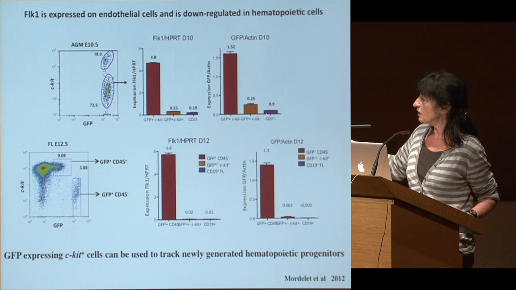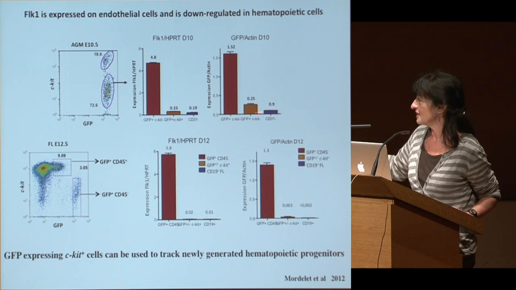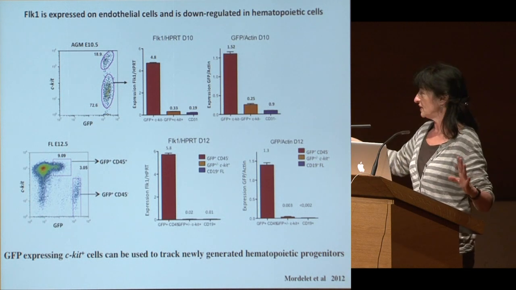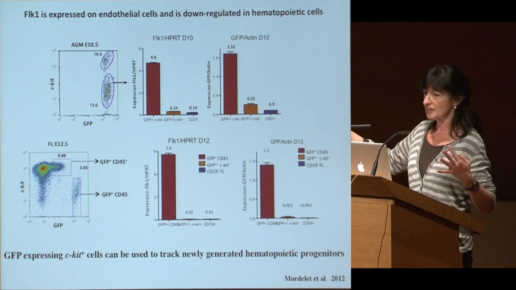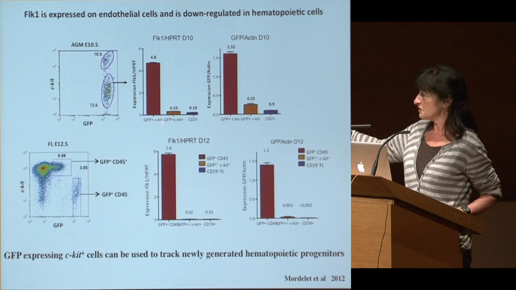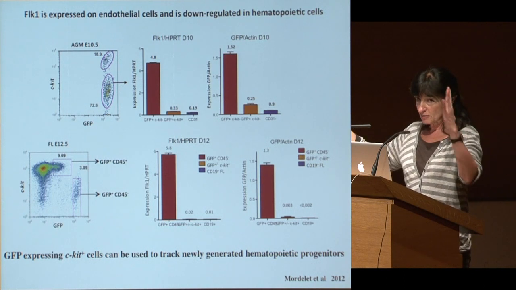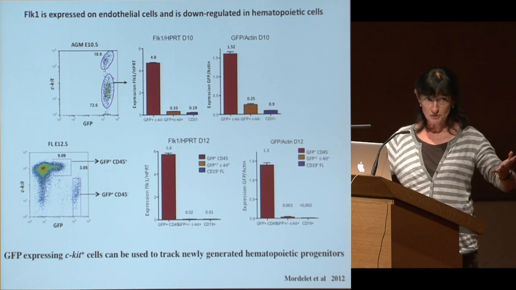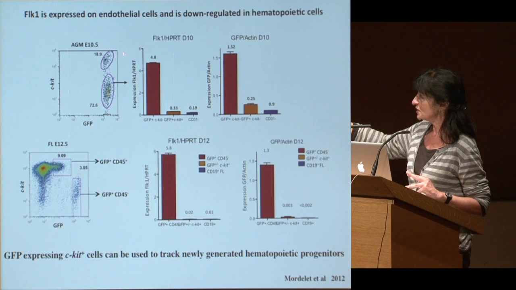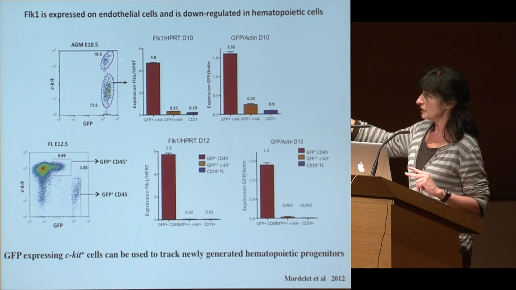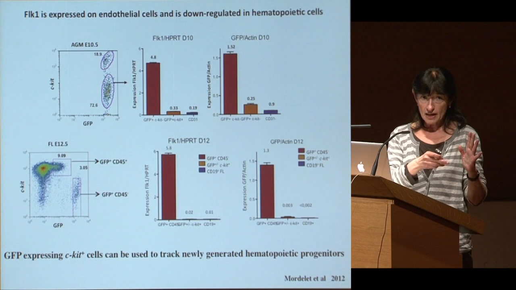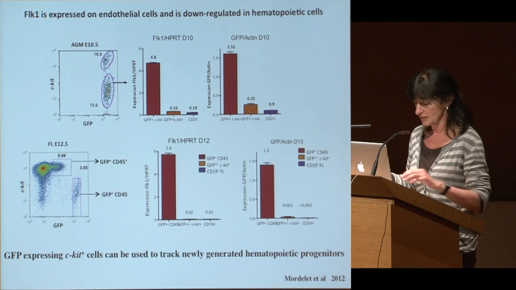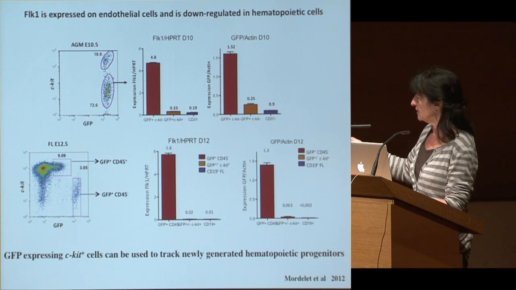And they, in fact, do not express messenger RNA for GFP either. So basically what we are seeing is, as those cells are generated, they express very high levels of FLK1 and GFP, and immediately they shut it down as they differentiate into or commit to the hematopoietic lineage. And what we're seeing afterwards is the dilution of GFP by either cell division or simply decay of the protein. GFP has a long half-life.